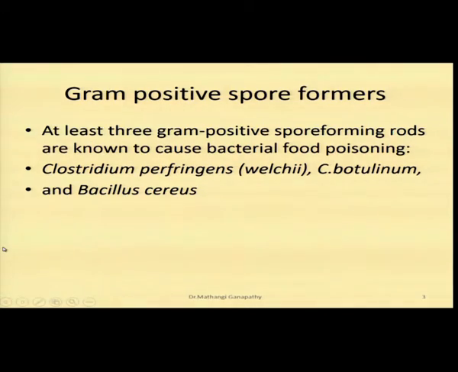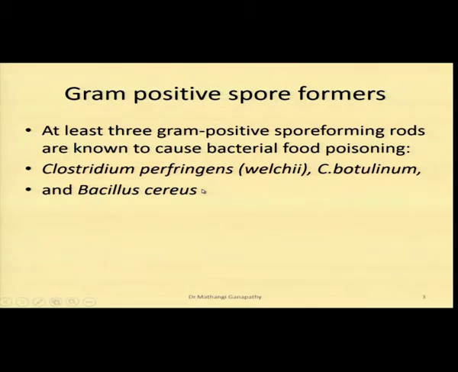In today's lecture, I'll be talking about a major foodborne organism which causes disease. One of the causative organisms is actually very lethal, Clostridium botulinum. The genus Clostridium belongs to gram-positive spore-forming organisms.